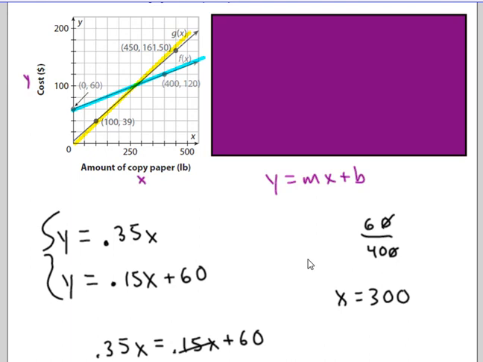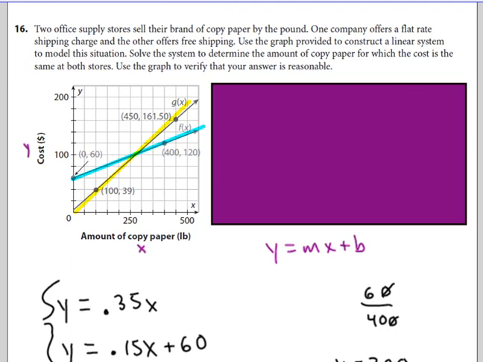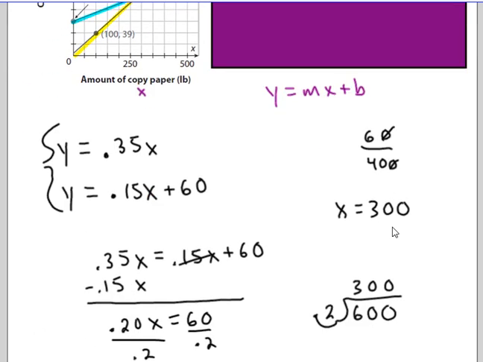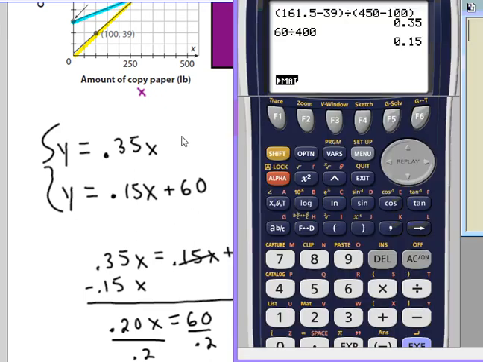It seems reasonable. Now, the question said, solve the system to find the amount of copy paper for which the cost is the same. Well, x was the amount of paper, so 300 pounds is when the cost would be the same. If I wanted to know that cost, then I would do 300 times 0.35.